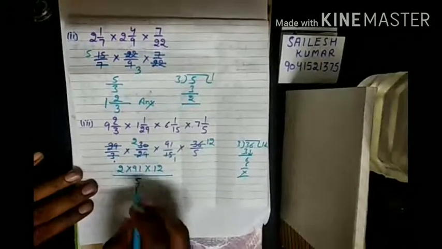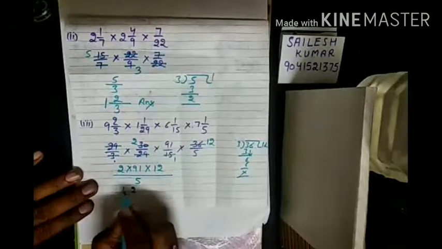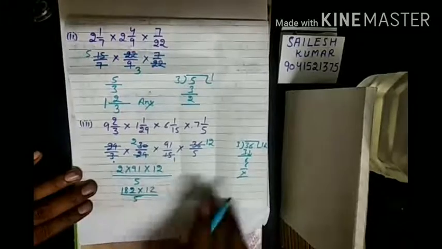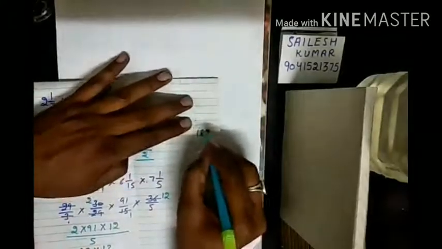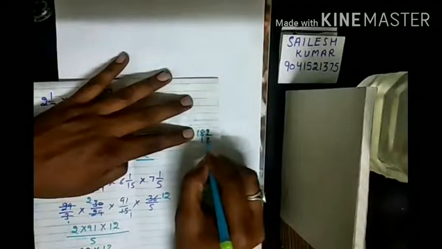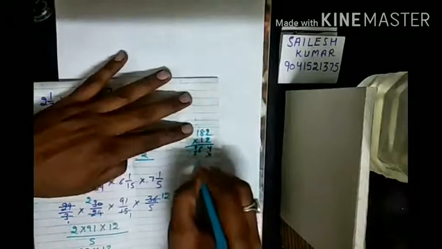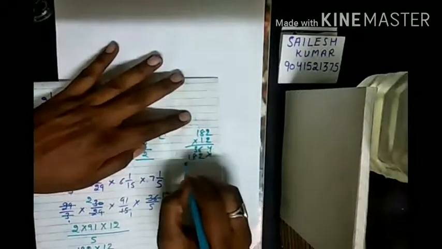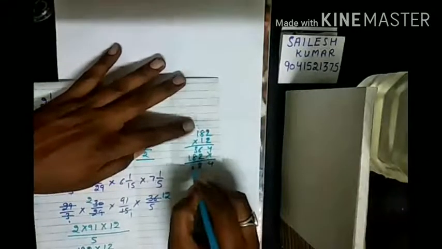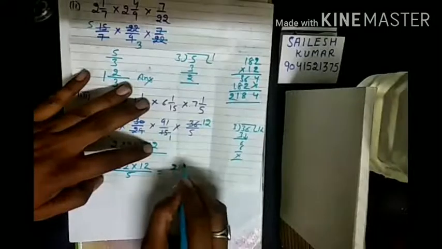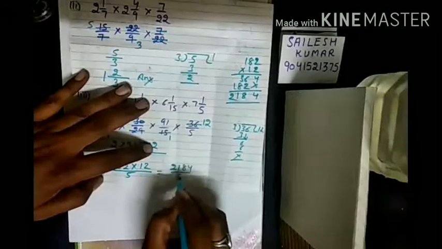What is the answer? 182. 182 multiply 12 divided by 5. In the rough work, we will multiply 182 with 12. 4, 36 and 182, 8, 2184. Therefore, the answer is 2184 by 5.